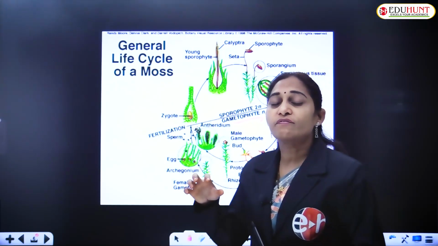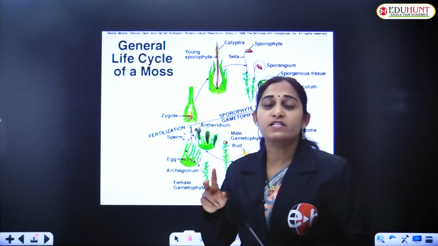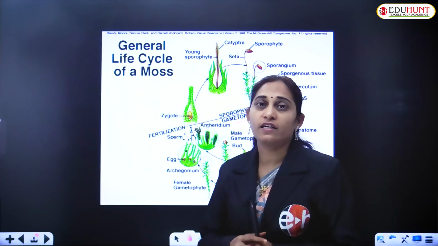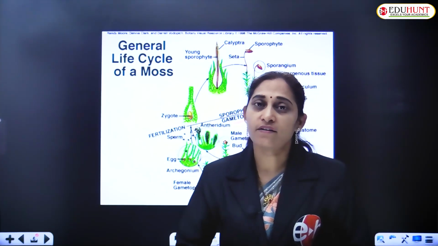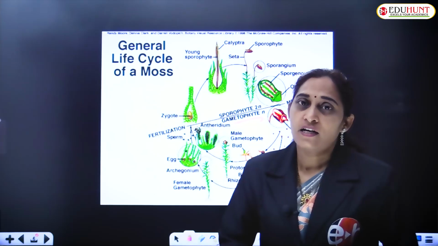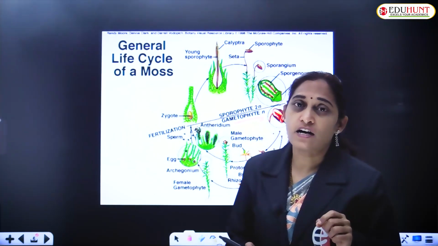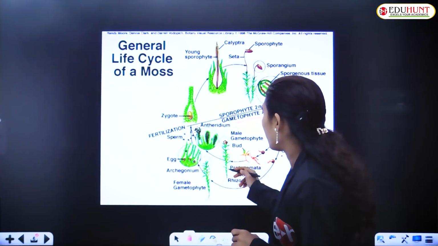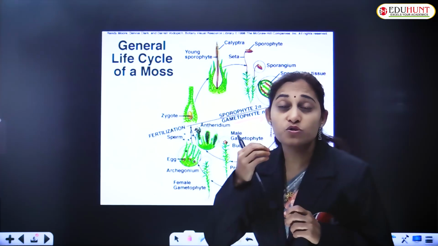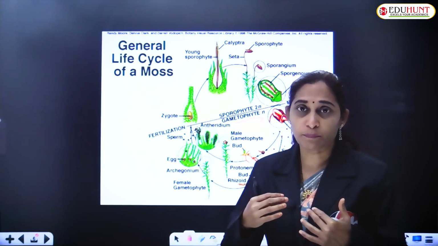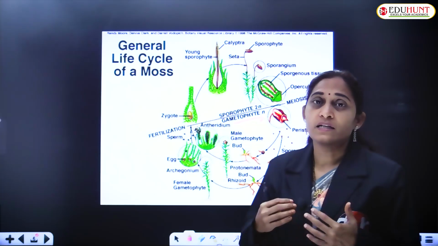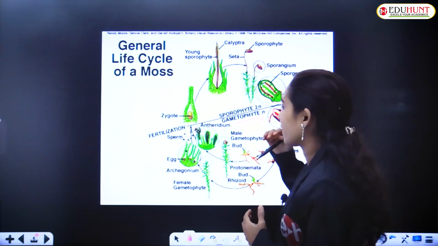We have two phases in the life cycle. One of the phases is gametophyte and the second phase is sporophyte. The gametophyte, which is haploid, is the dominant phase because most of the time the plant spends in this phase only.